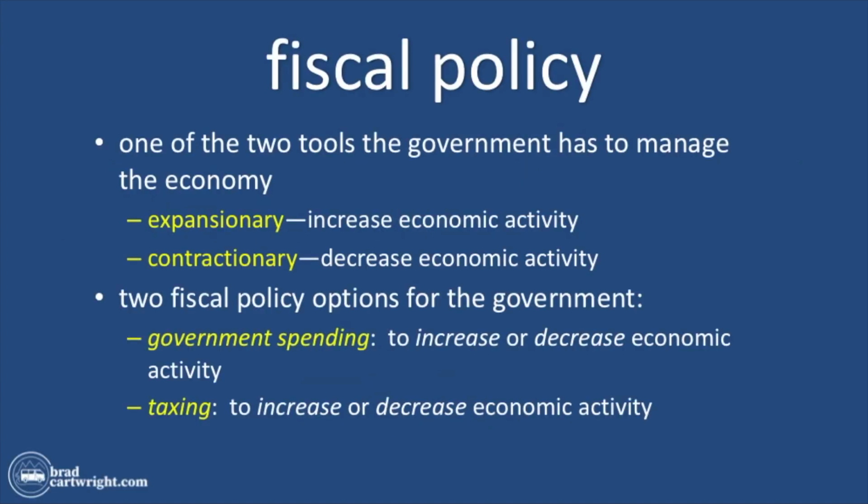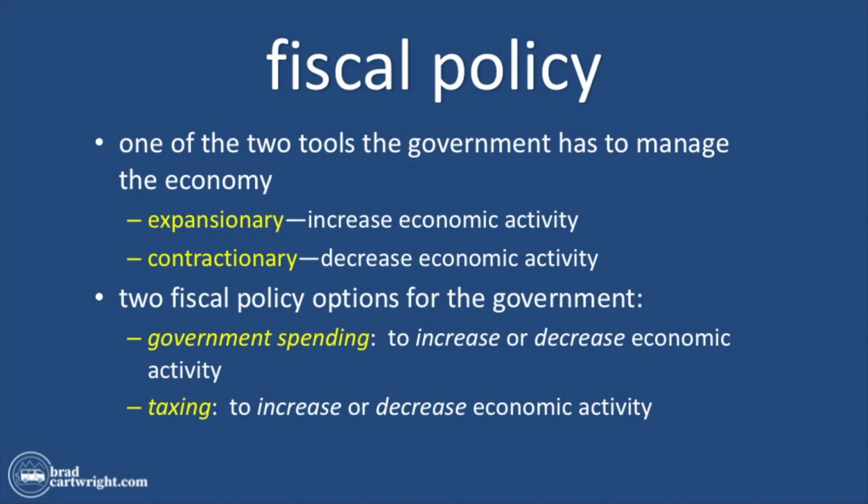And you'll see that fiscal policy is one of the two tools the governments use to manage the economy, okay? The first tool that they use is fiscal policy, which, by the way, has to do with government spending. And the other part of fiscal policy is taxing. So taxing and spending.